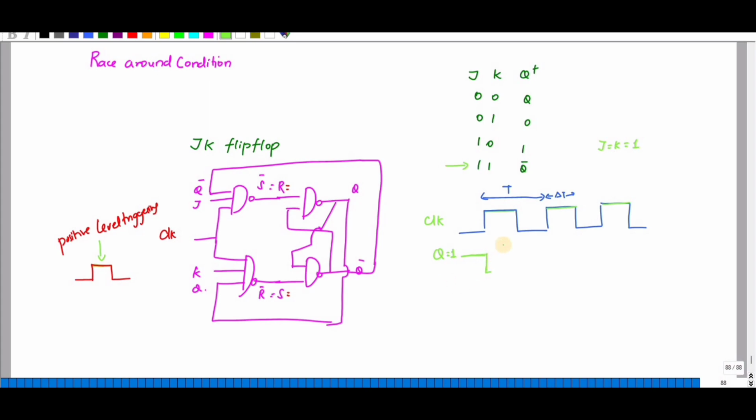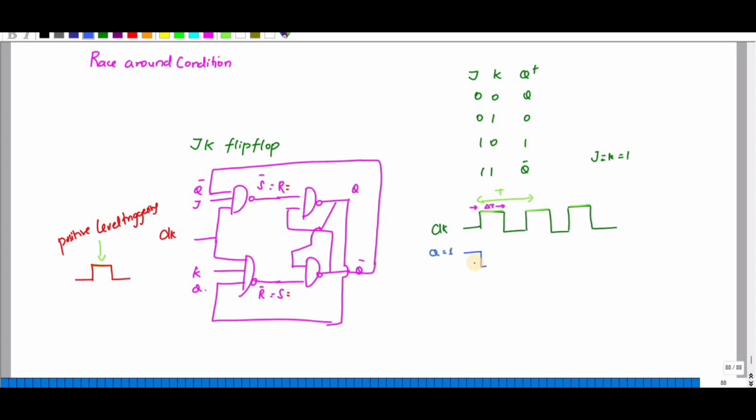During that time also J and K are equal to 1 and the Q value is now 0. Again, since the clock is active at positive level triggering, it changes to 1, then from 1 to 0 and 0 to 1 and 1 to 0, for as long as you have the positive level triggering value of the clock.